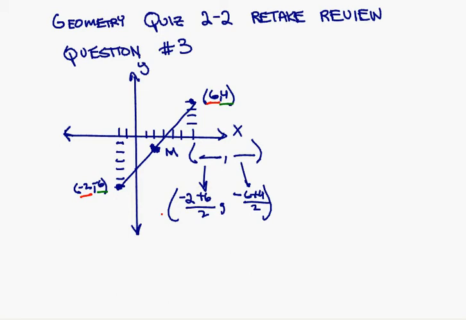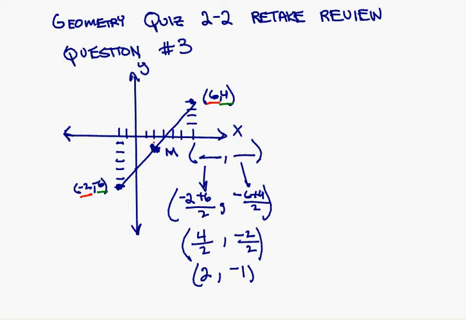Well, if we do that, -2 plus 6 is 4 over 2. -6 plus 4 is -2 over 2. And if we follow up with the division on that, 4 over 2 is 2, and -2 over 2 is -1. And that should be the coordinate of the midpoint.